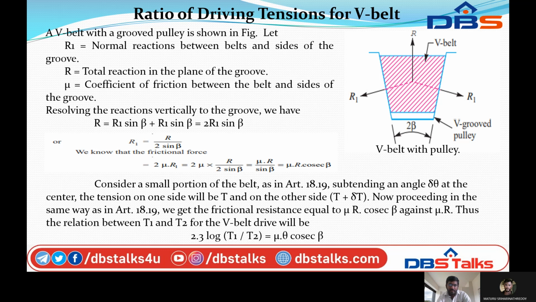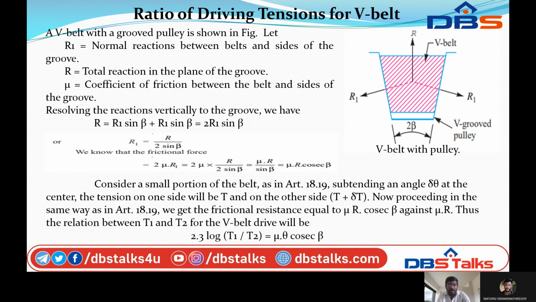Resolving the reactions vertically to the groove, we have R is equal to R1 sin beta plus R1 sin beta, that is equal to 2R1 sin beta, or R1 is equal to R by 2 sin beta. We know that the frictional force is 2 mu R1. So substitute the R1 value in the equation.